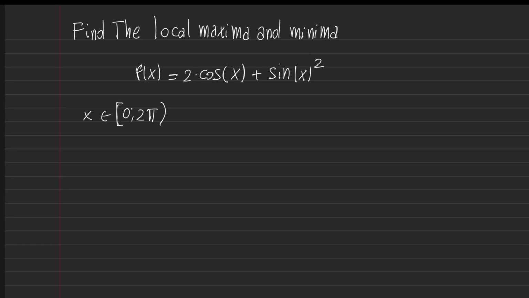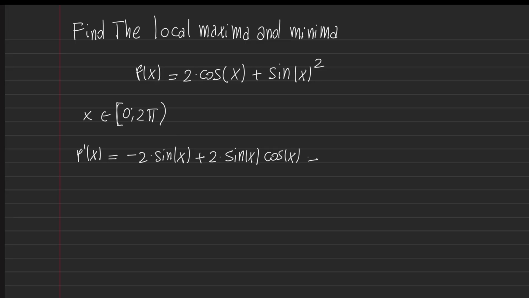The drill is always the same. We take the first derivative, f prime of x. Now the derivative of the cosine is minus the sine, so this is minus 2 times the sine of x, plus the derivative of the sine squared, which is 2 times the sine of x, times the derivative of the sine, which is the cosine of x.